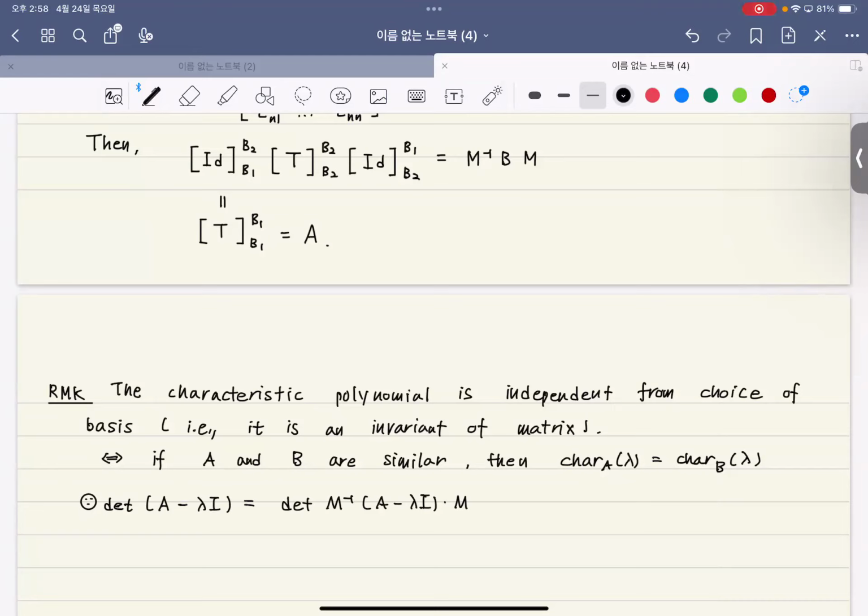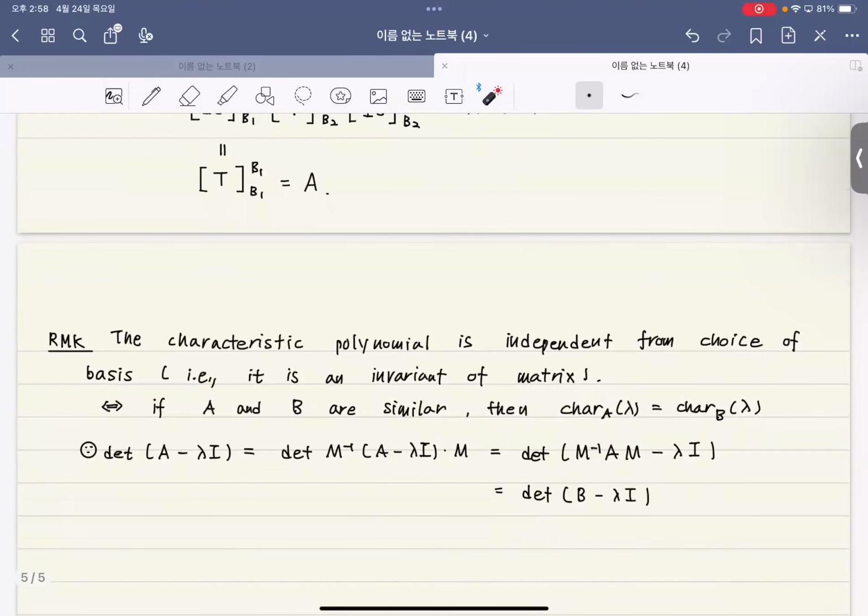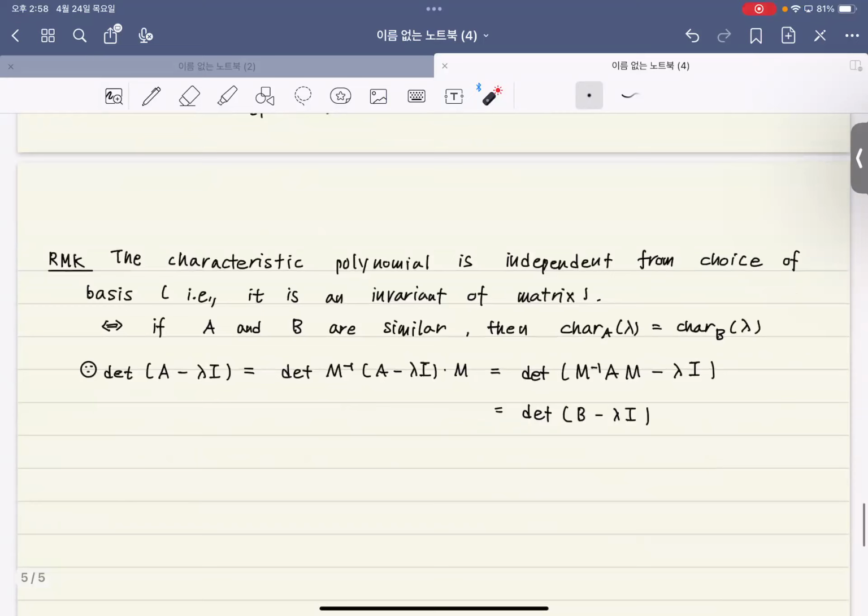The determinant of A times B is the same as the determinant of A times the determinant of B. So this one has to be this, M inverse times A times M minus lambda I, and this is the determinant of B. So if A and B are similar matrices, then their characteristic polynomials are always the same. So the characteristic polynomial is an invariant.